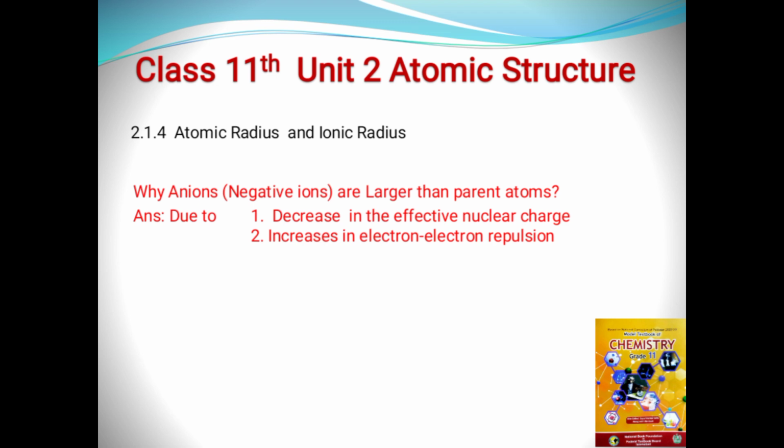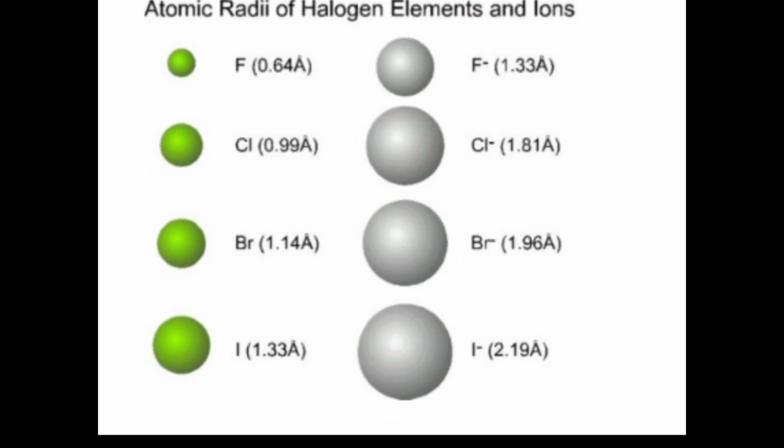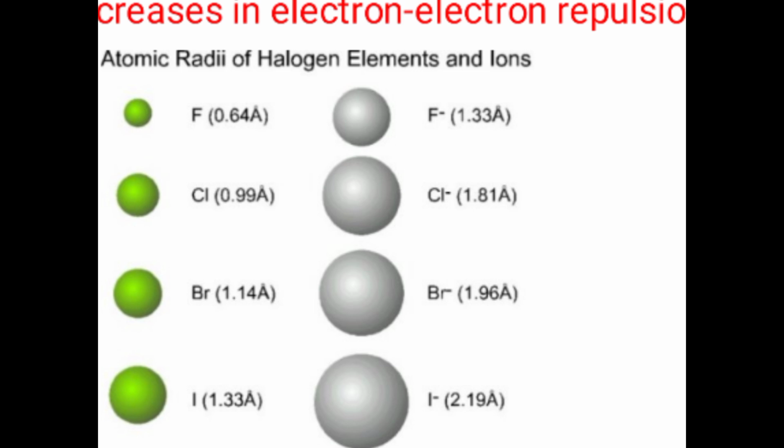You know that when an incoming electron is added in the valence shell, it is repelled by the already present electrons, and because of repulsion, the size of the radius will also increase. For example, you can see here fluorine and fluoride ion. You can see that the silver ions are larger in size than the green atoms.